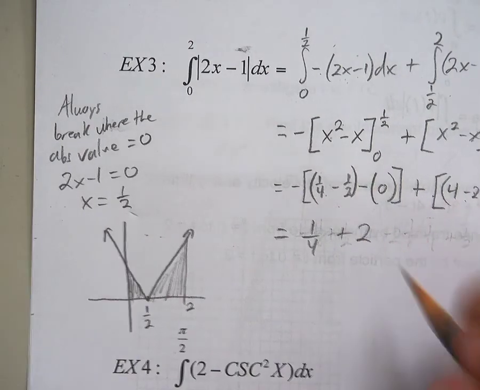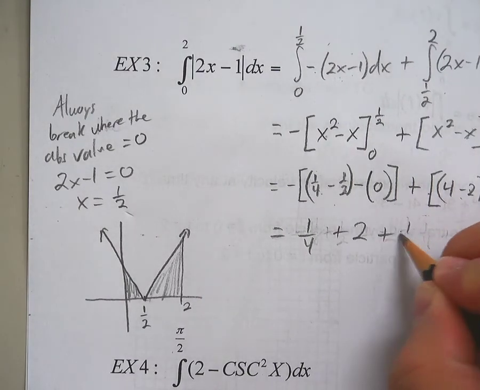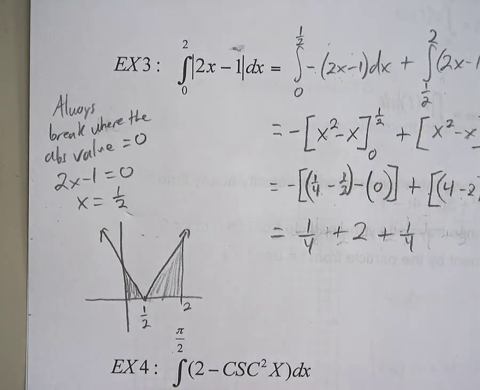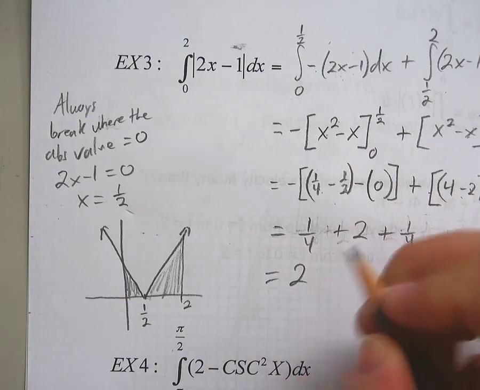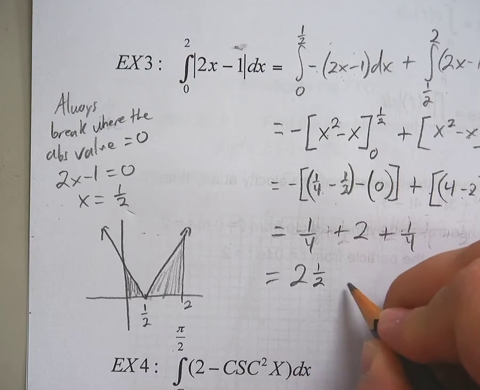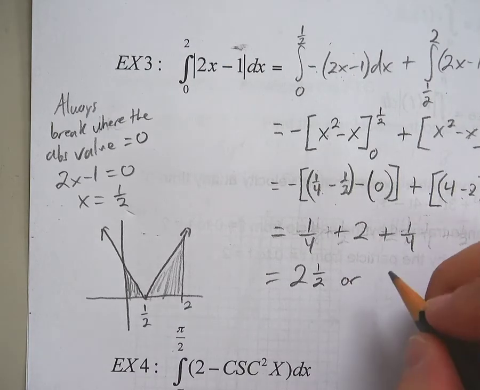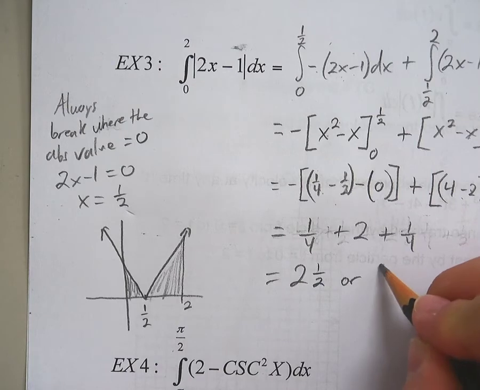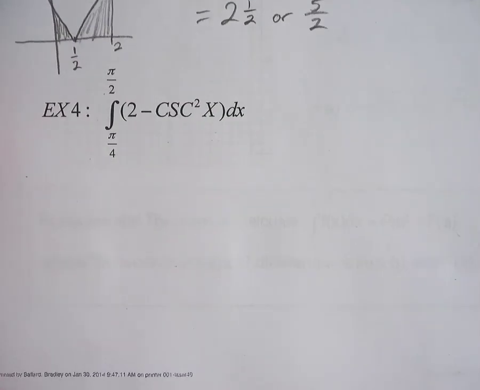That's what I'm looking for. And then plus another 1/4. Mercy sakes, 2.5. Or if you're really feeling adventurous, what would that be? 5/2? Right? And then of course you can check it on your calculator.